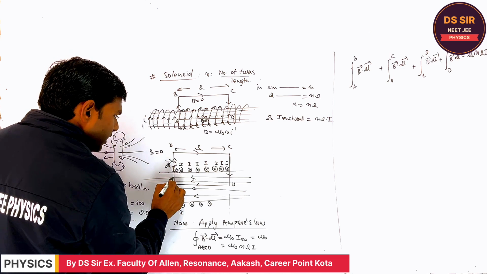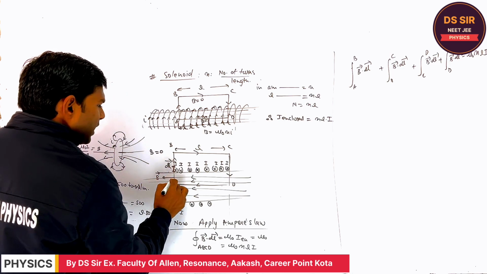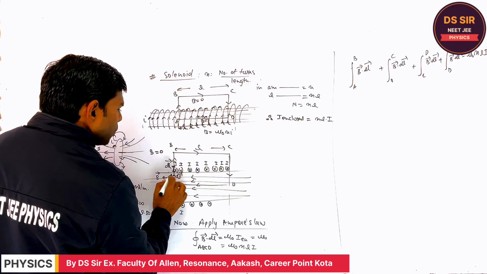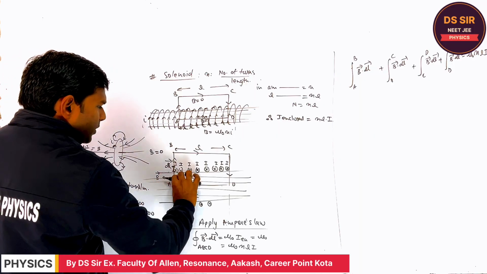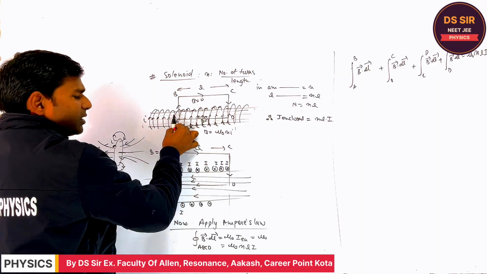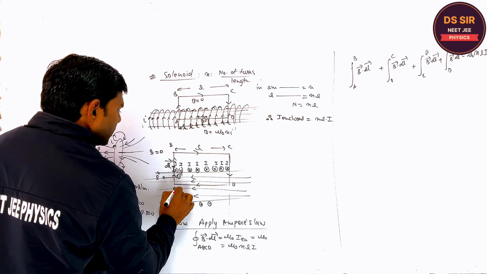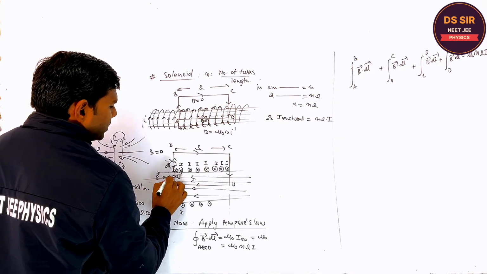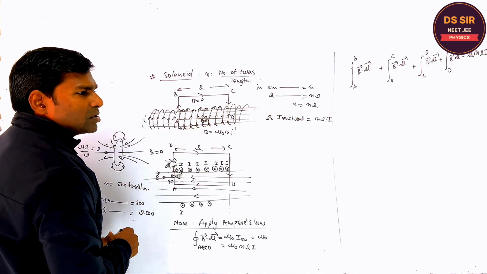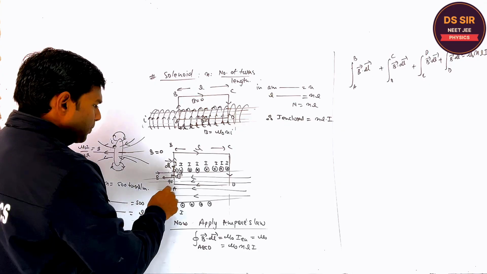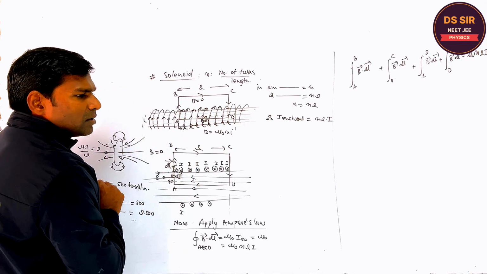And here, if you consider this is the magnetic field vector and this is the dl vector, what is the angle inside? Say 90 degree. So B dot dl is 0 inside, and outside there is no magnetic field.